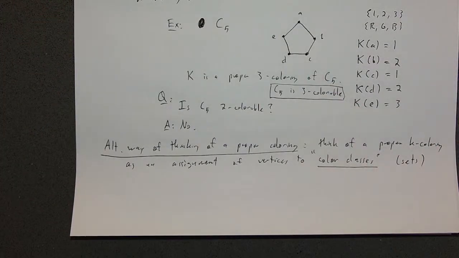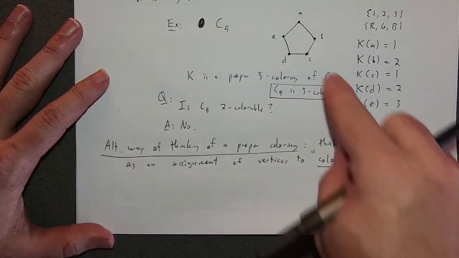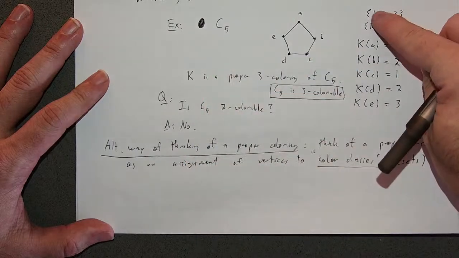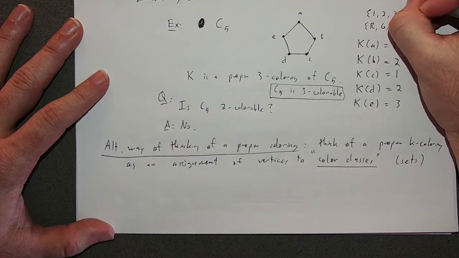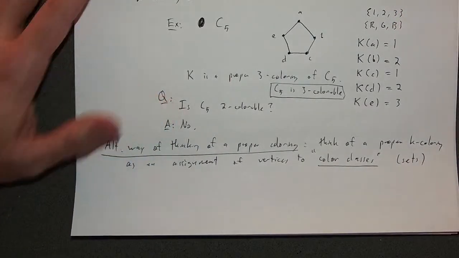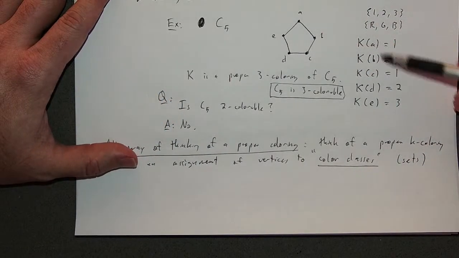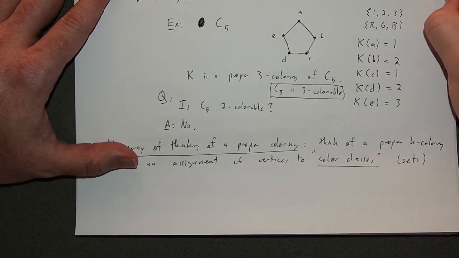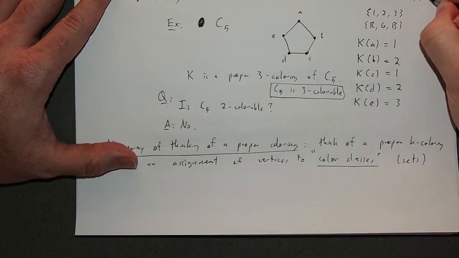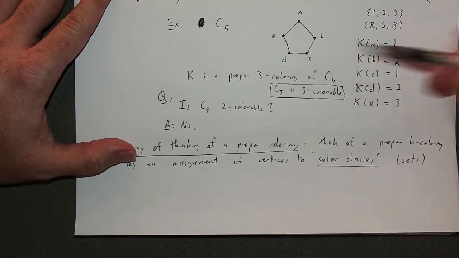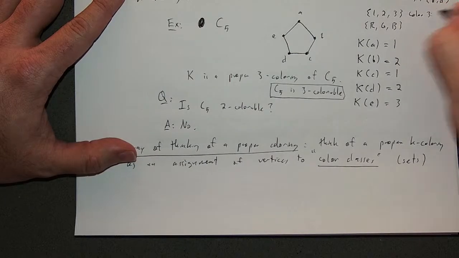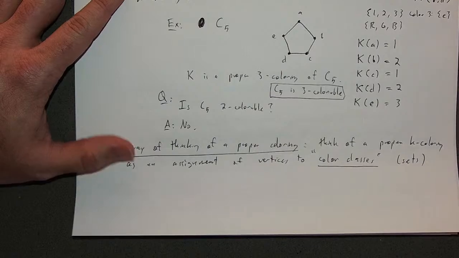So I'm putting these into color classes, so I could think of saying, well, for this example, in the color class of 1, that is red in this case, I have a set containing vertices A and C. Color 2 contains the vertices B and D. And color 3 contains the vertex E.